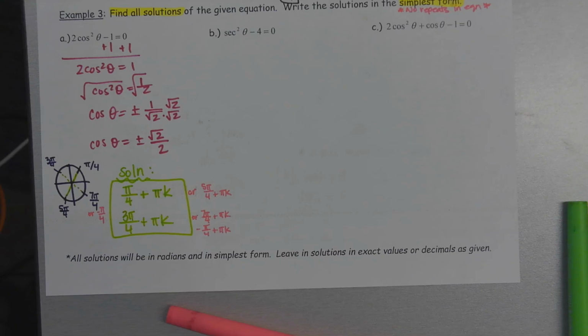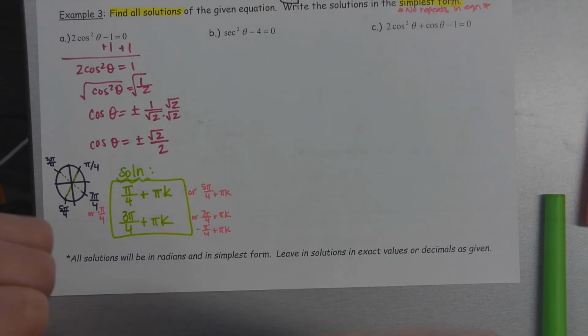Okay, so based on that, can you just try part B? So you can solve part B. Okay, so your first couple steps are the same, where you add 4 and then you take the square root.